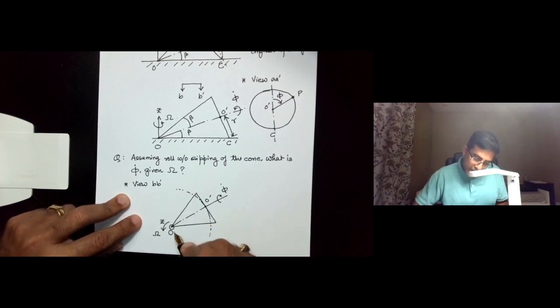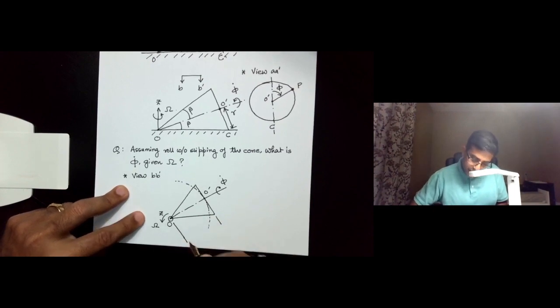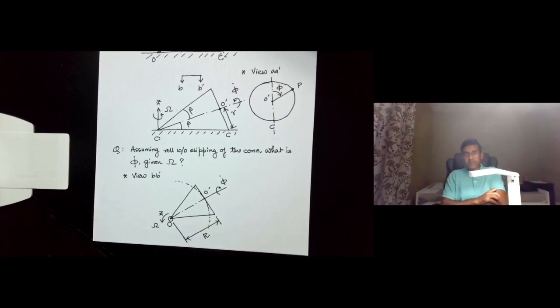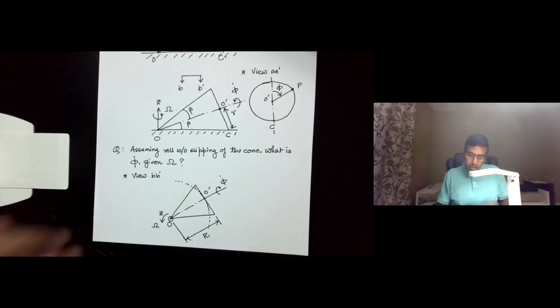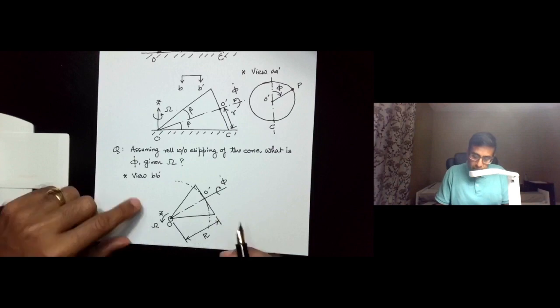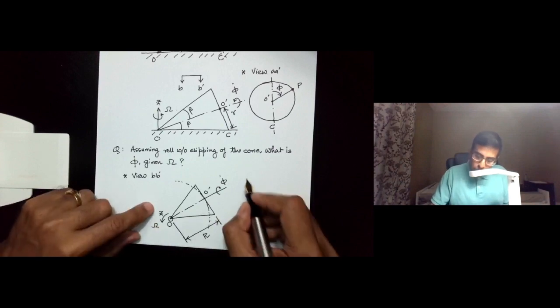Okay, and that path would have a radius given by this distance capital R, which we have to find out, but this distance capital R would be the circular path taken by O prime about the point O.